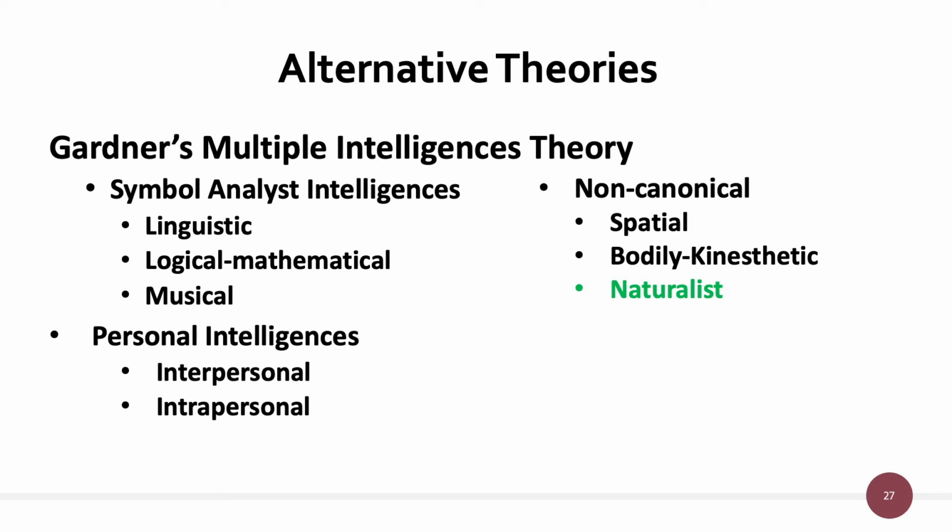These involve spatial intelligence, which refers to the ability to mentally visualize and rotate objects, bodily kinesthetic intelligence, which involves control over one's body and handling objects skillfully, and the new intelligence labeled naturalistic, which involves the ability to discern differences in the living environment.